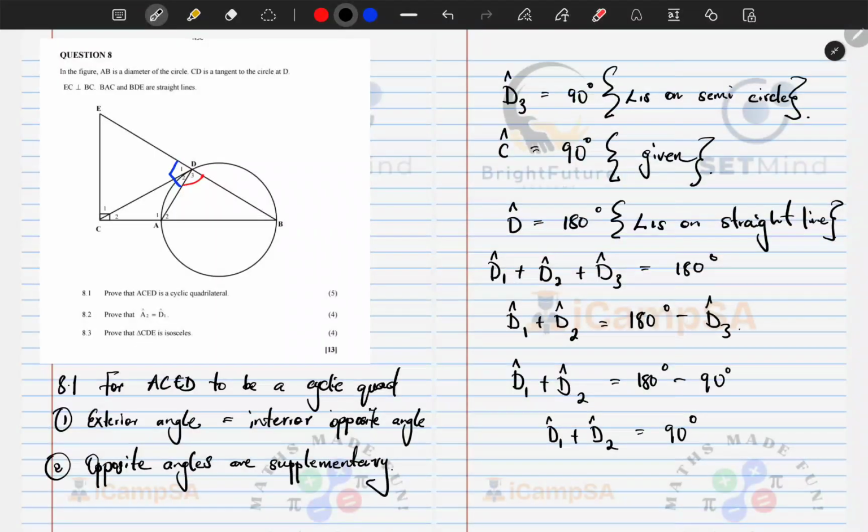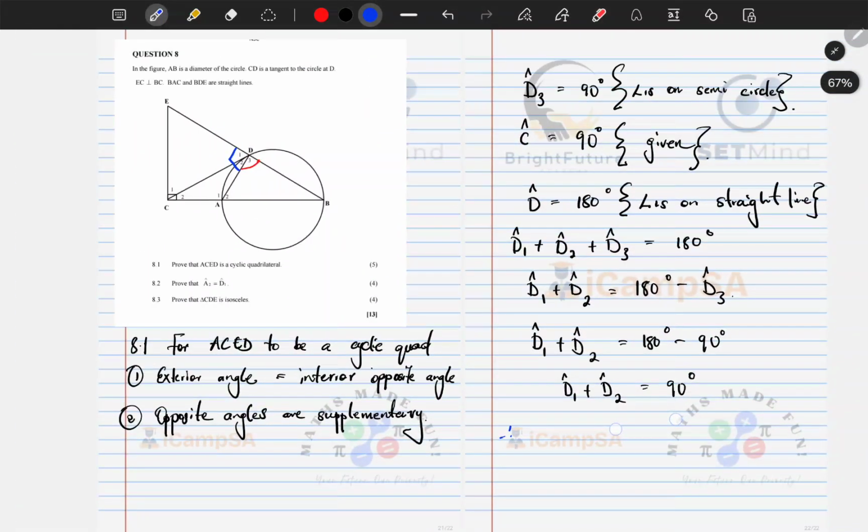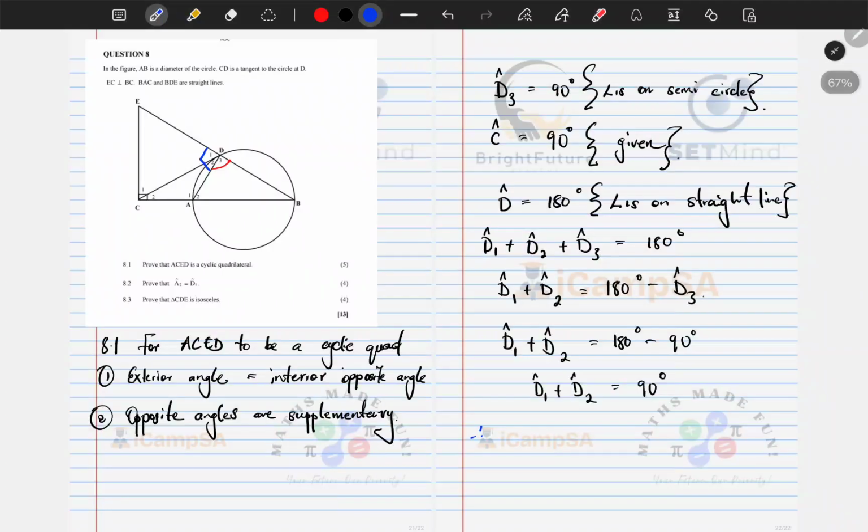So therefore, this now becomes easy, because if you have D1 plus D2 equals 90 and C, which is C1 plus C2, equals 90, then both these angles are supplementary, because 90 plus 90 is equal to 180.